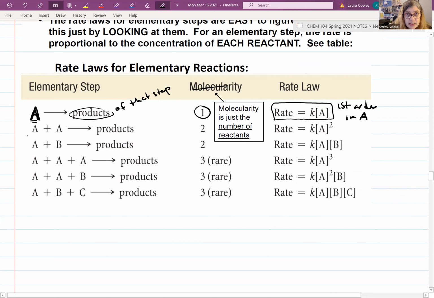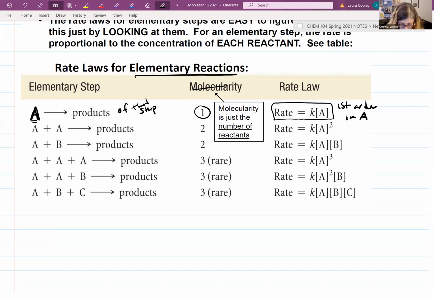If two of the same molecule collide, A plus A, and that gives you products, these are the products of the steps. This is talking about elementary reactions and products. You don't add these up. These are all separate examples.